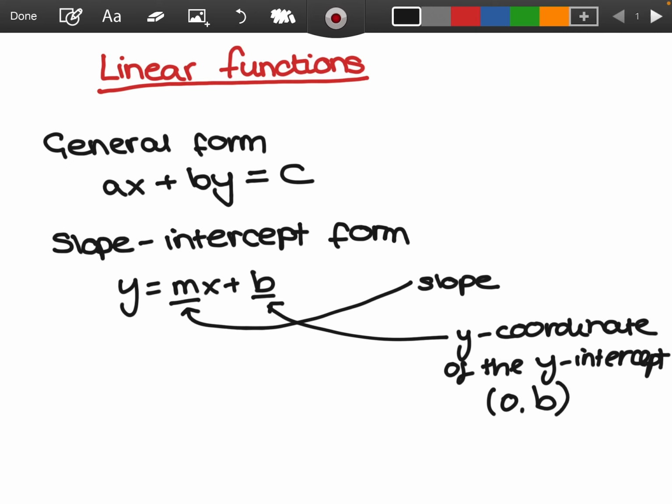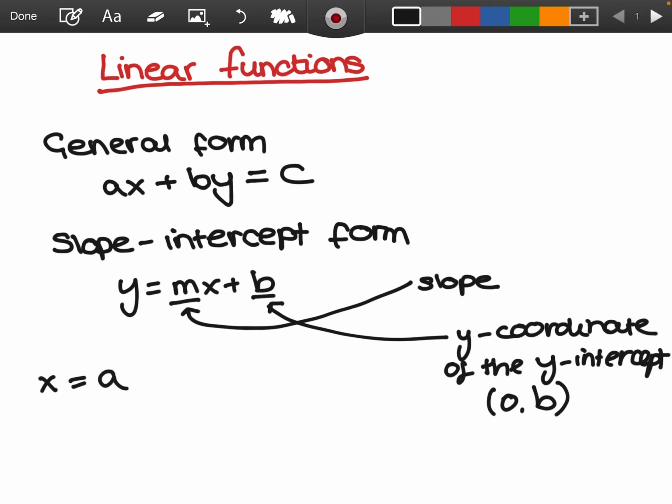So b is just that y-coordinate of the y-intercept. So m and b are constant values, and y and x are going to be your variables for that linear function.